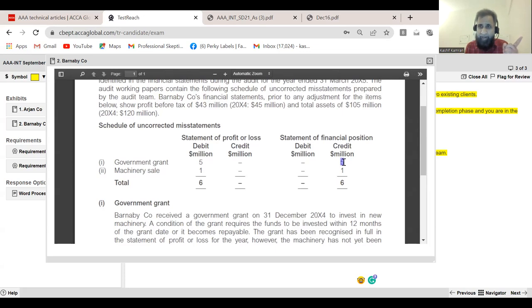Why are we debiting the grant? Because currently the management has recognized it as an income. And why are we crediting the grant in the balance sheet? Because the auditor wants it to be recognized as deferred income, right? $5 million. Now you will find the materiality of $5 million versus the total assets because it's a balance sheet item, and versus the profit before tax because it's a P&L item.